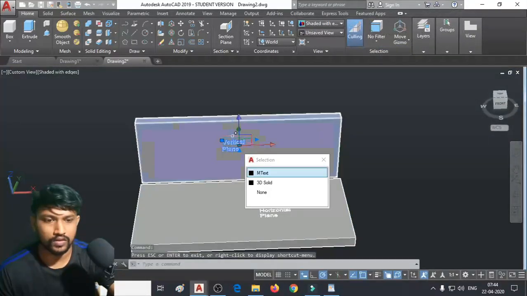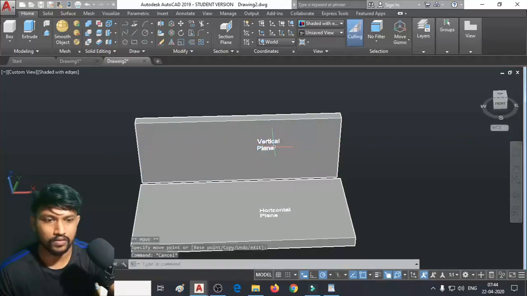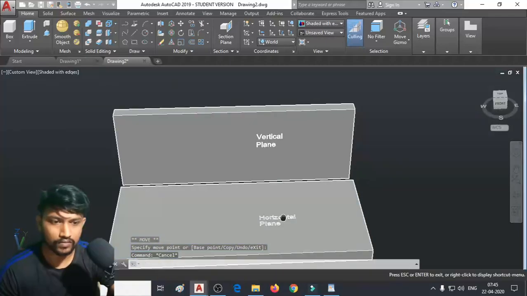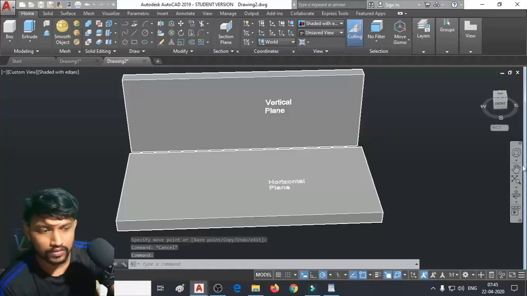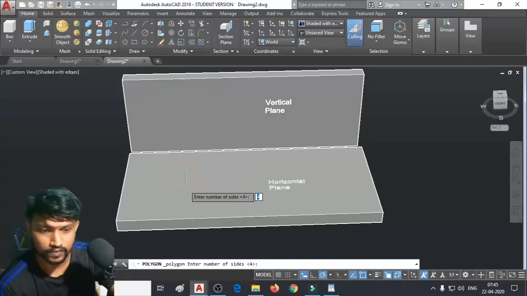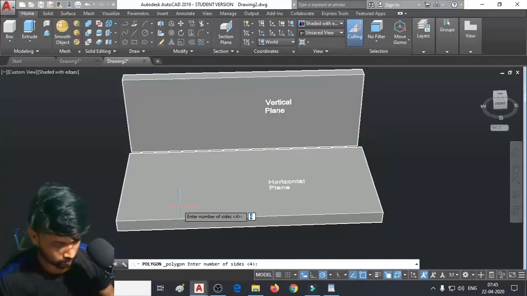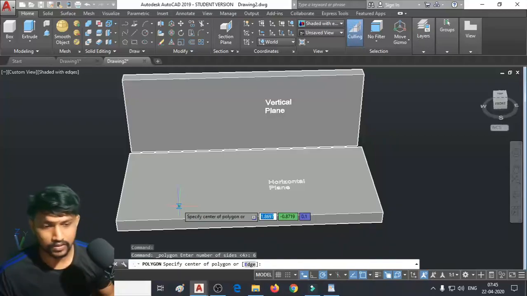Okay, this is the horizontal plane and this is the vertical plane, if you assume them likewise. Let me show you guys what I am actually trying to say. A hexagon will have 6 different sides, right?